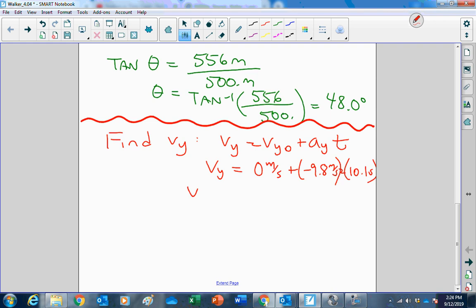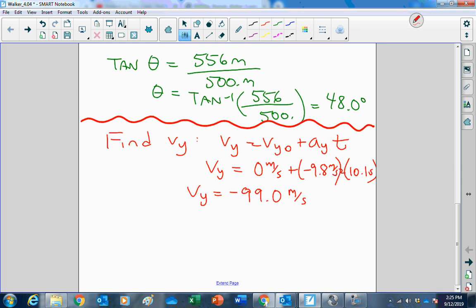Okay, so then I'm going to get .0, I guess, meters per second.